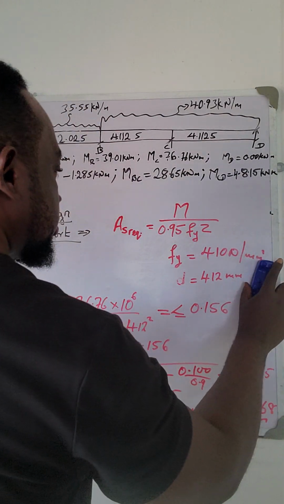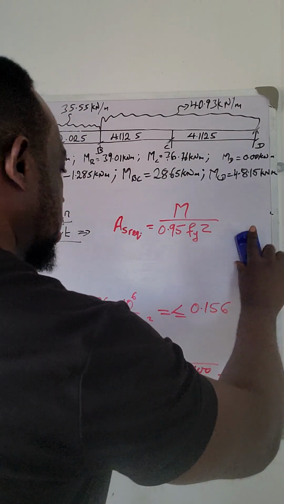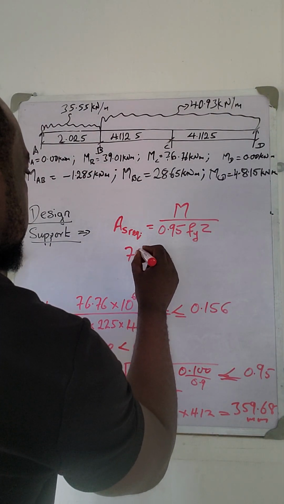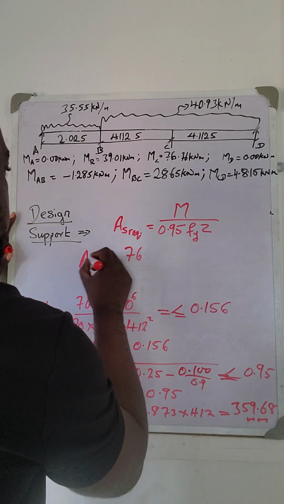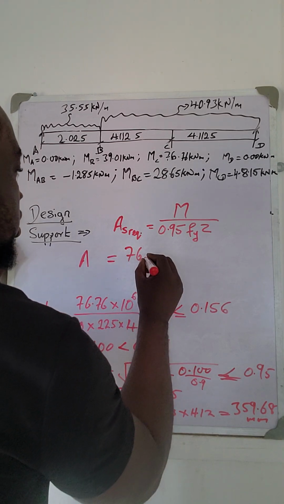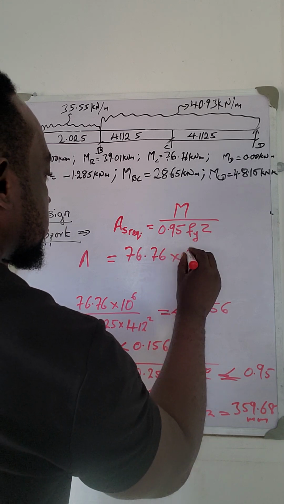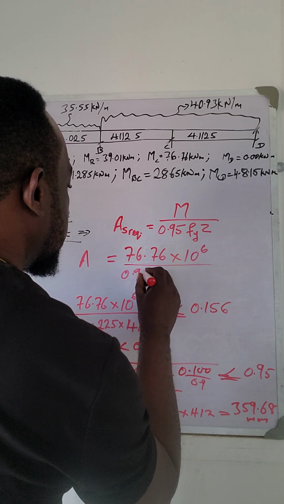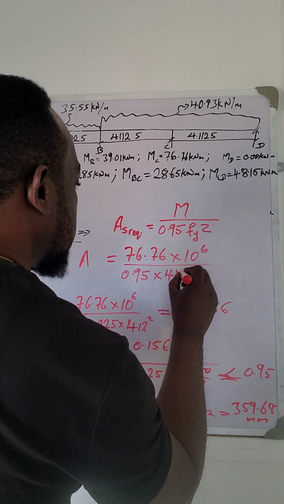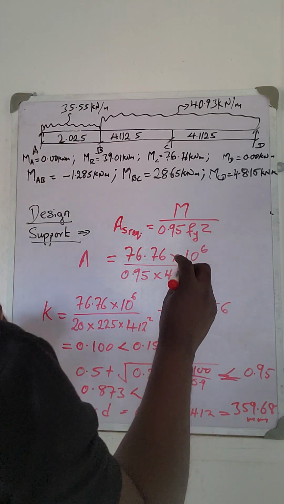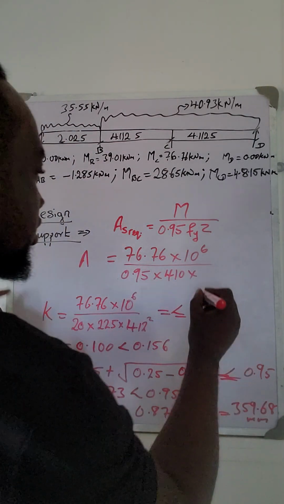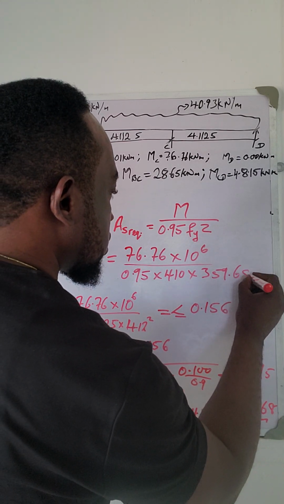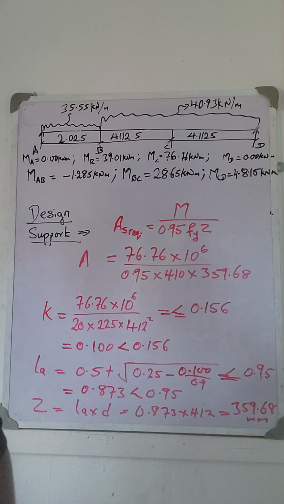As equals 0.76 times 10 to the power 6 over 0.95 multiplied by 410 multiplied by our Z, 359.68.